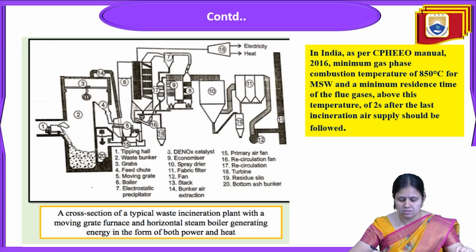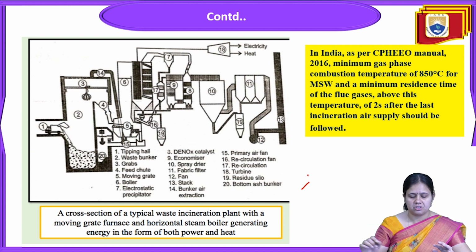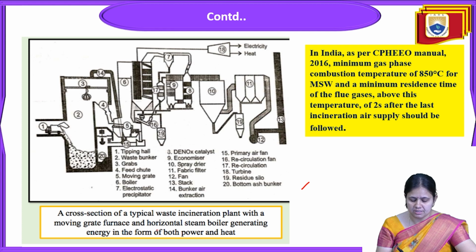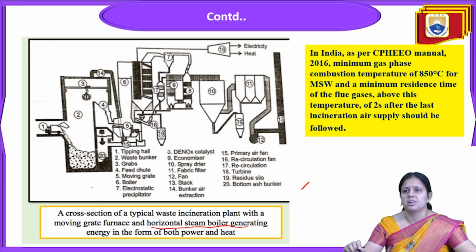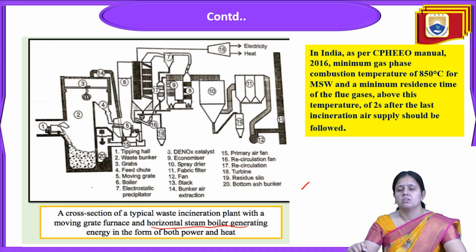So in India, this is the whole cross section of a typical waste incineration plant with a moving grate furnace and horizontal steam boiler generating energy, both power and heat. In India, as per the CPHEEO Manual 2016, a minimum gas phase combustion temperature of 850 degrees Celsius for MSW and a minimum residence time of the flue gases above this temperature of 2 seconds after the last incineration air supply should be followed.